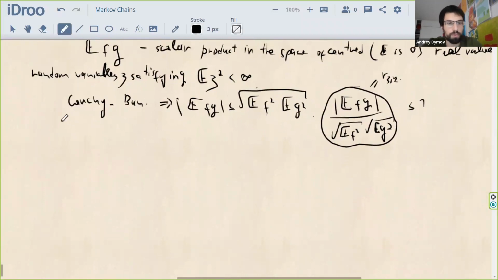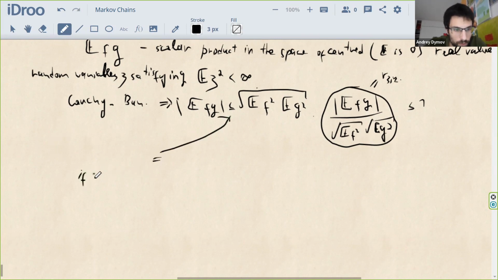But this also follows from the Cauchy-Bunyakovsky inequality, because it says that here we have an equality if and only if f is linearly dependent with j, but now it isn't an affine space, it's a linear space, so f equals a constant times j.